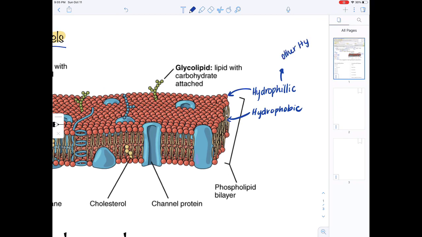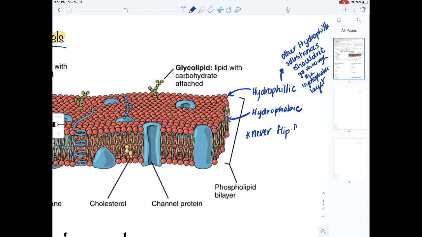So other hydrophilic substances are not going to want to go past that into that hydrophobic area. And that polarity comes into play as well, because we know that our hydrophilic area is polar, and our hydrophobic area is non-polar. So hydrophilic substances shouldn't go through the hydrophobic layer.